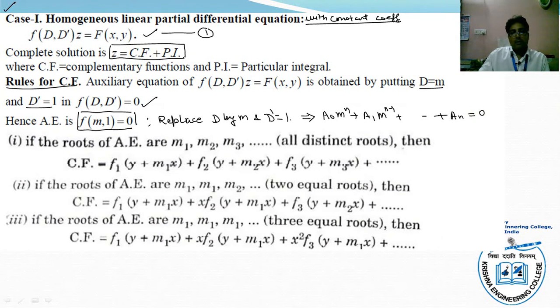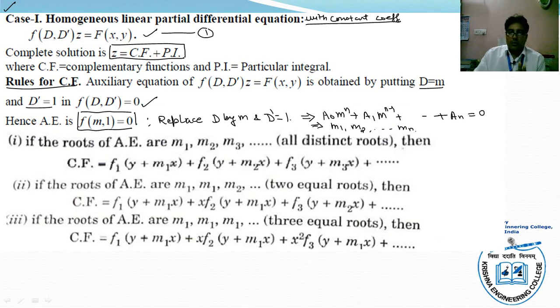This is an equation of degree n in m, so we get n roots. Suppose the roots are m1, m2, ... mn.